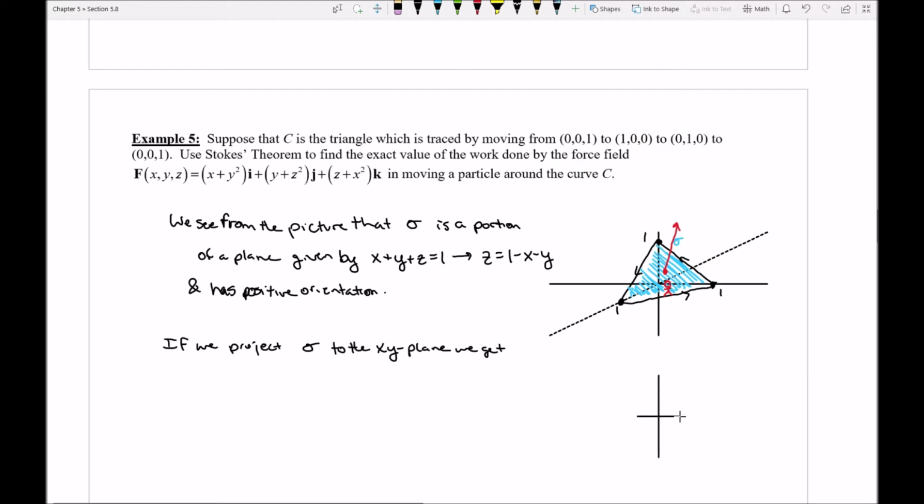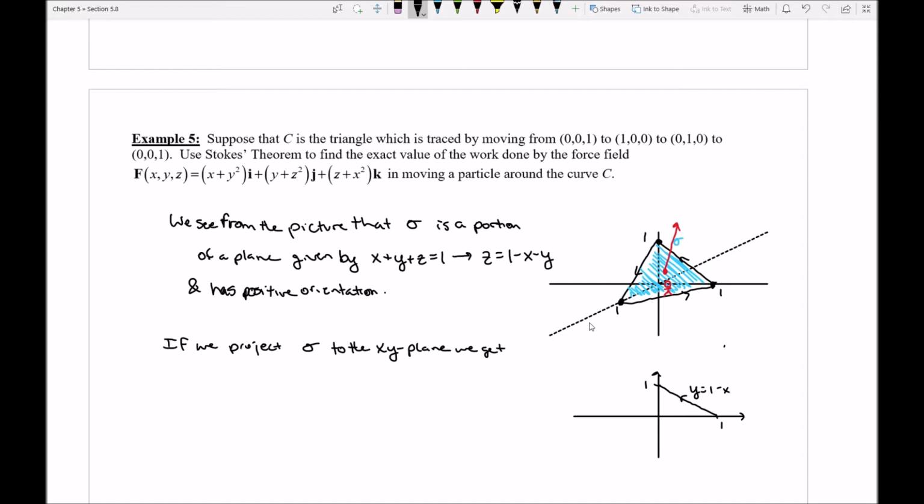If I draw a little xy plane here, and I think about the picture that I'm going to end up with, I know that I'm going to have, starting from x is 1 to y is 1, a slant that goes there. And notice I'm going from x is 1 up to y is 1. So that's my line that goes like this. And this, of course, is a really easy curve to describe. This would be y is equal to 1 minus x.